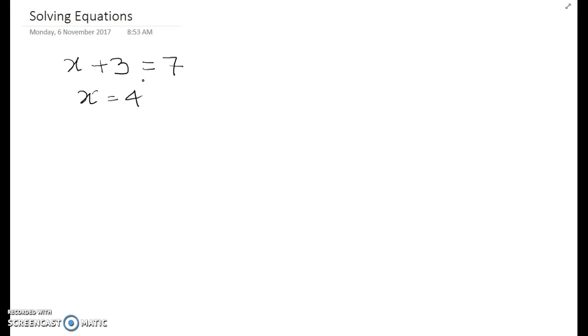Now I'm going to show on the side how this equation can be solved by using a flowchart. That's okay for the beginning because this one is simple, but it's going to be useful for more complex equations. With a flowchart, we draw some boxes, and in the first box we put x. Then we talk about what happened to x.